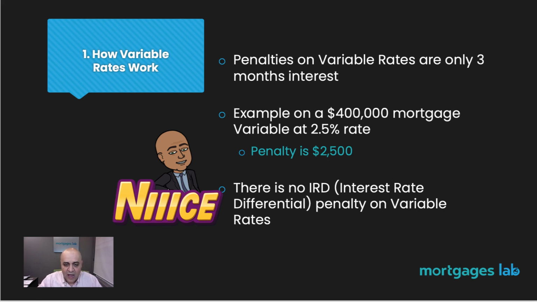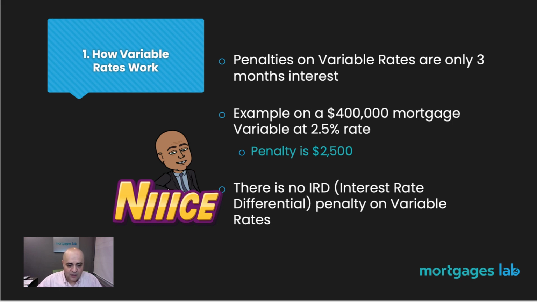And again, there is no IRD, interest rate differential, on a variable rate. There's very few exceptions. You have to read the contract. You have to work with someone that you trust as a mortgage broker, because there are some variable rate contracts that may have different clauses than this that I'm showing you in this video, okay?